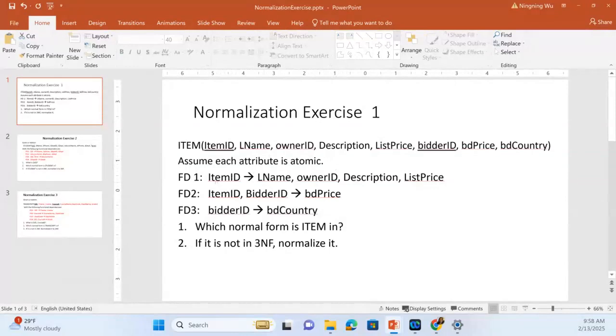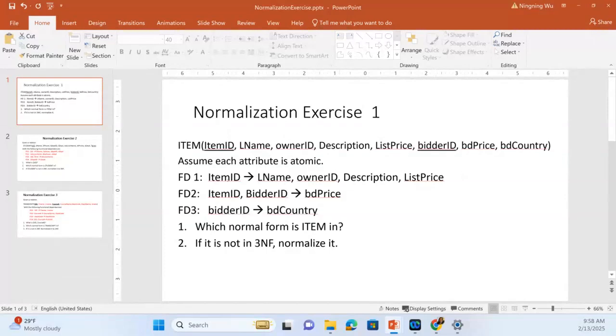But here I really want to emphasize that if you don't have any functional dependencies defined on the relation schema, then most likely that relation schema is in 3NF.